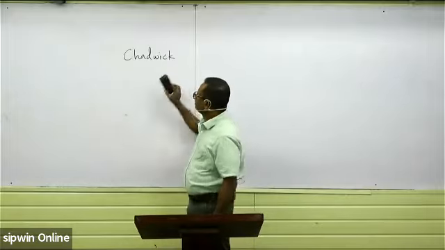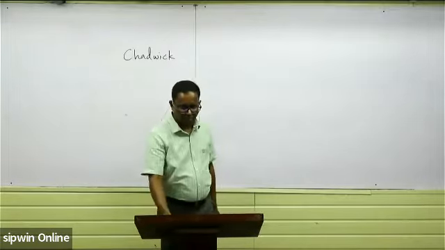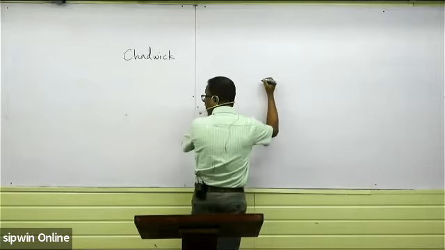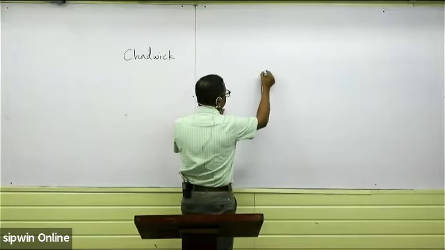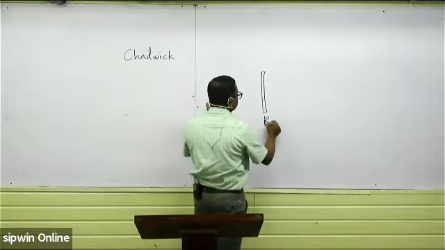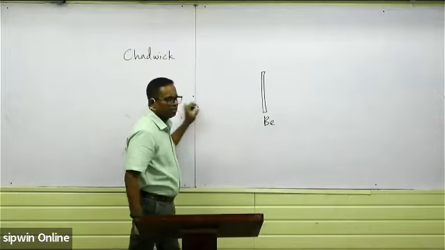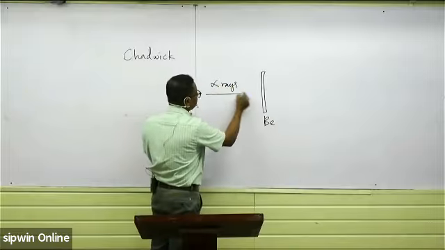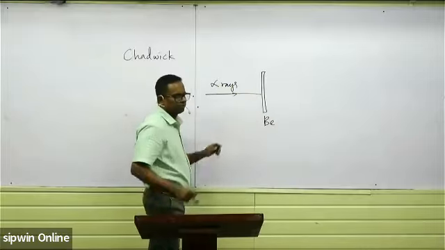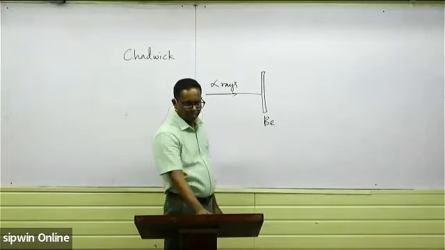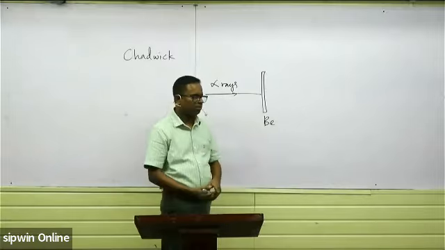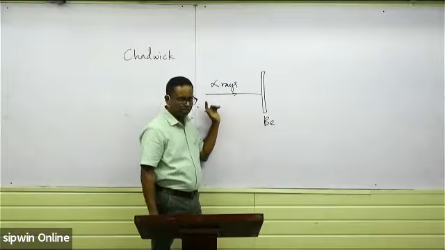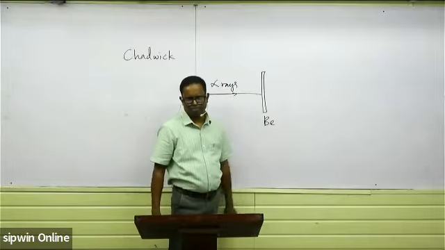Right? Chadwick did this kind of experiment. Chadwick used the beryllium element and allowed alpha radiation, alpha rays, to fall on it. Next day you can learn about the alpha rays. Alpha particles. Here beryllium is being bombarded with alpha rays.